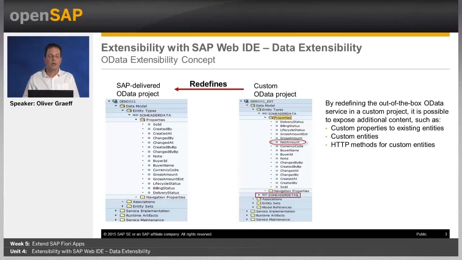So you can see here how the data model is structured, and there's an SAP delivered OData project, and a custom OData project, which refers to the original SAP project. And within the custom project, you can, for example, add custom entities to your OData model or add properties to existing entities.